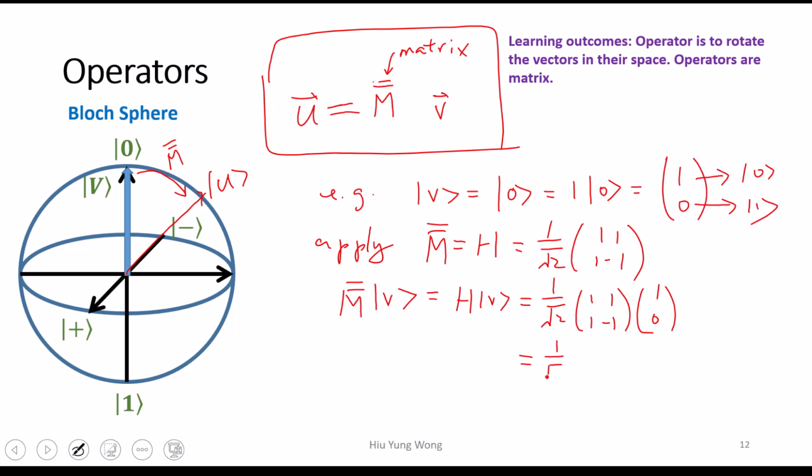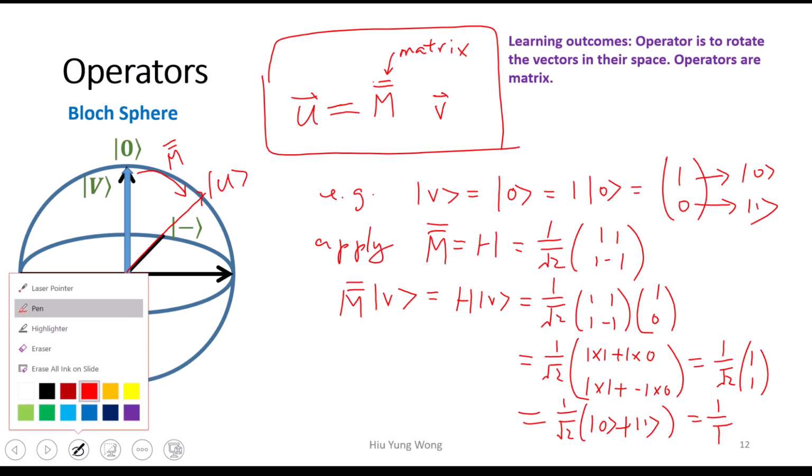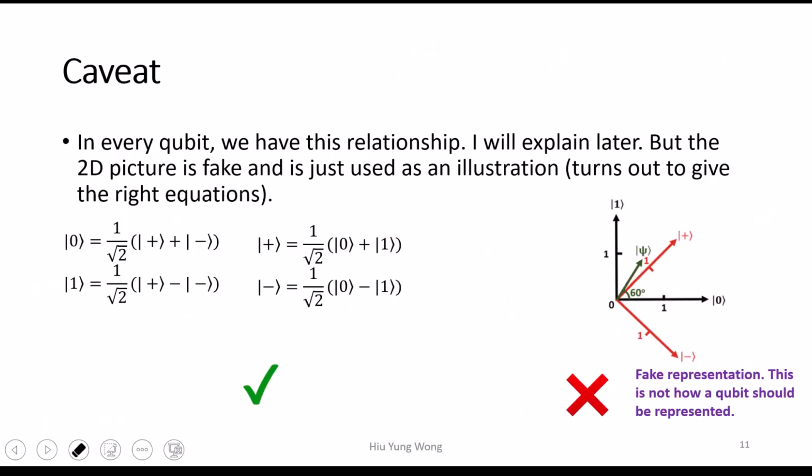So let me spell it out. 1 times 1 plus 1 times 0, right? 1 times 1 plus negative 1 times 0, which is equal to 1 over square root 2, [1, 1], which is equal to 1 over square root 2, 0 plus 1. You forgot. What is 1 over square root 2, 0 plus 1?